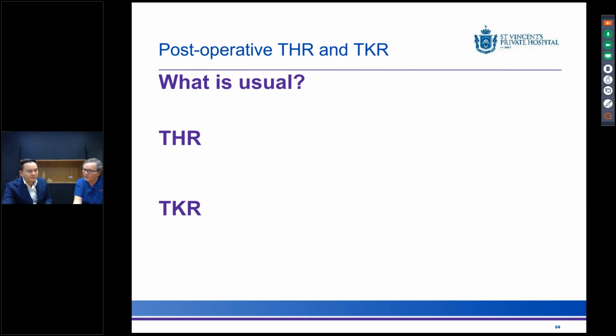They should progress very quickly from 2 crutches to 1 crutch to a walking stick, independent of whether they've had a conventional posterior approach or direct anterior approach. They should be gaining confidence with their mobility, and at the same time should be having a significant decrease in pain for the hip within the first 2 weeks.